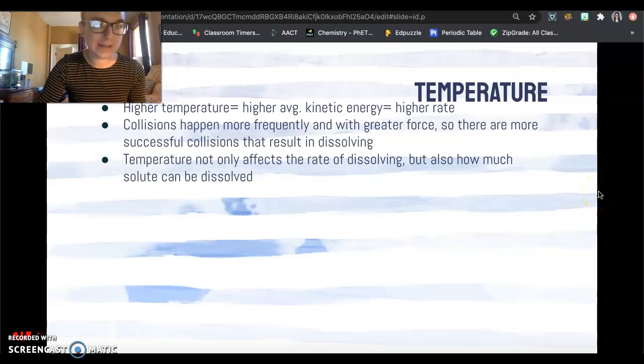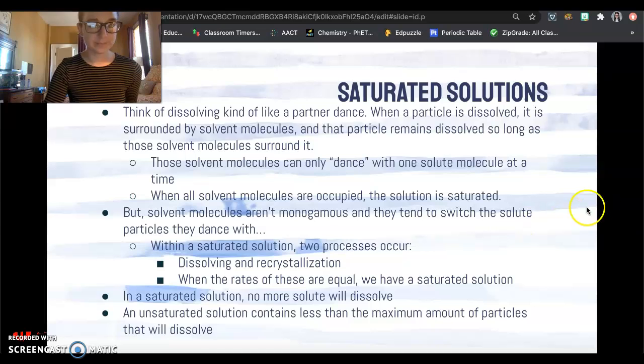So we have less dissolved there in some instances. But in general, higher temperature means higher average kinetic energy of water particles, which means there are faster and stronger effective collisions. And again, it not only affects the rate, but also how much solute you can actually dissolve.